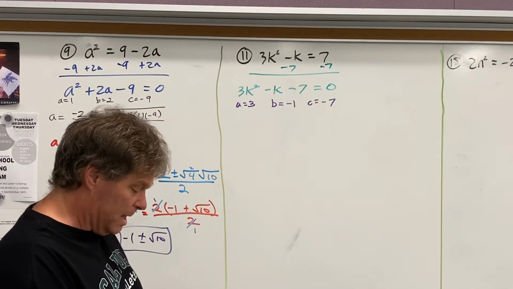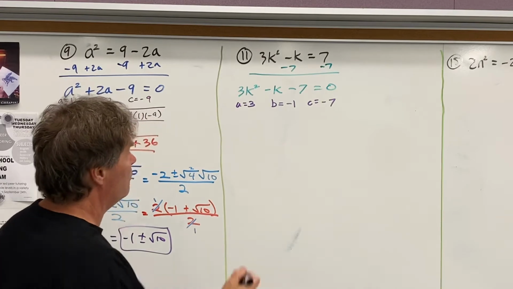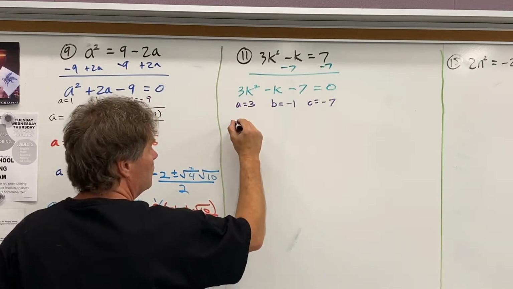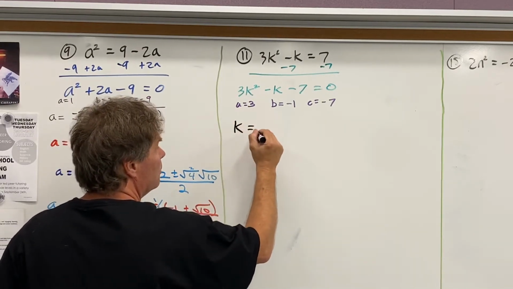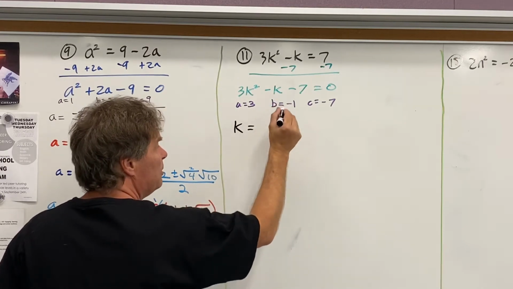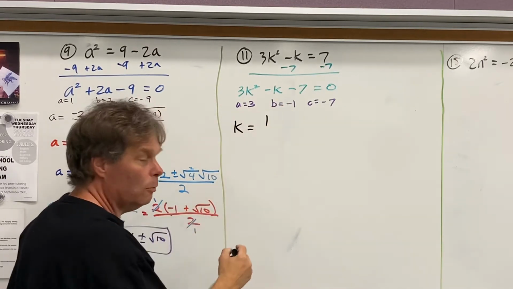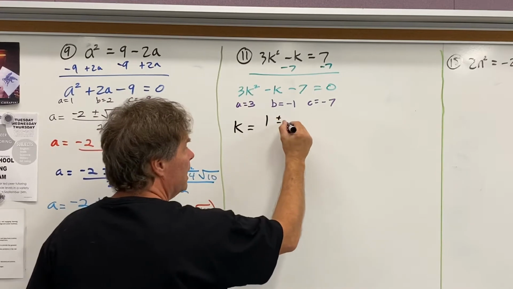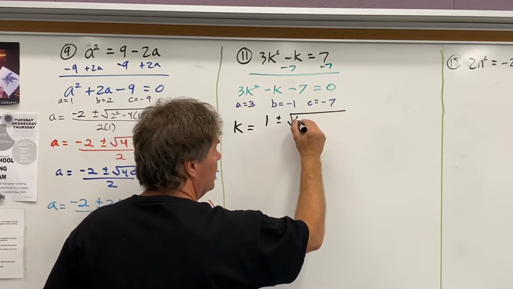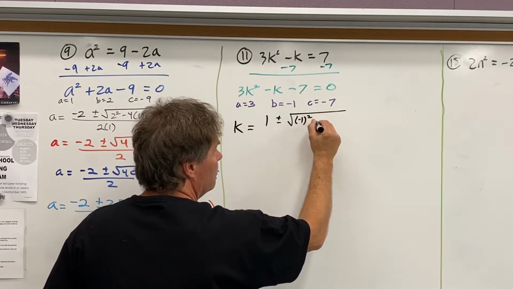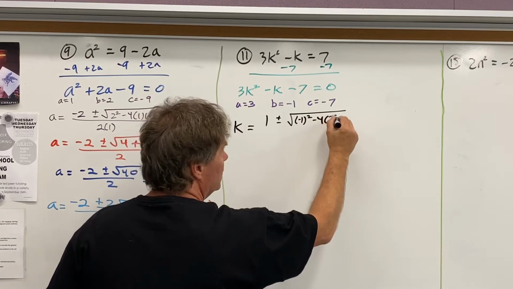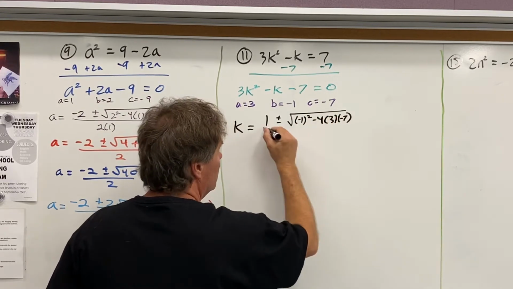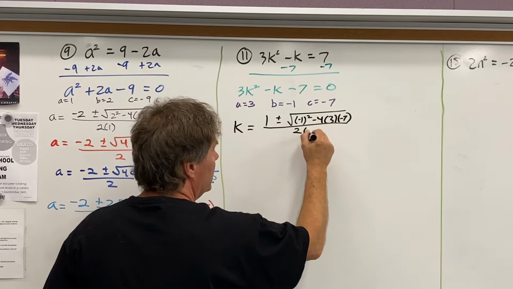And we just plug that stuff into the quadratic formula. Our variable's k this time, so k equals the opposite of b. Opposite of -1 is regular 1, plus or minus the square root of -1 squared minus 4 times 3 times -7, the whole thing over 2a, 2 times 3.